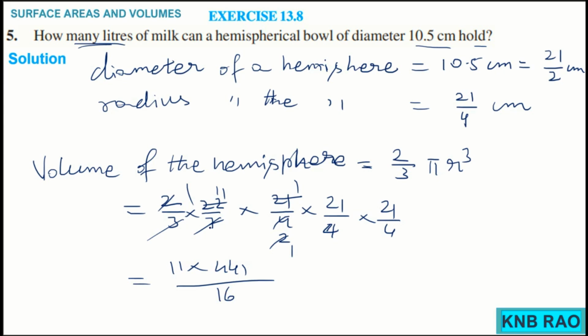So children, when you multiply, 441 into 11 gives you 4851 upon 16. When you divide it by 16, you will get 303.